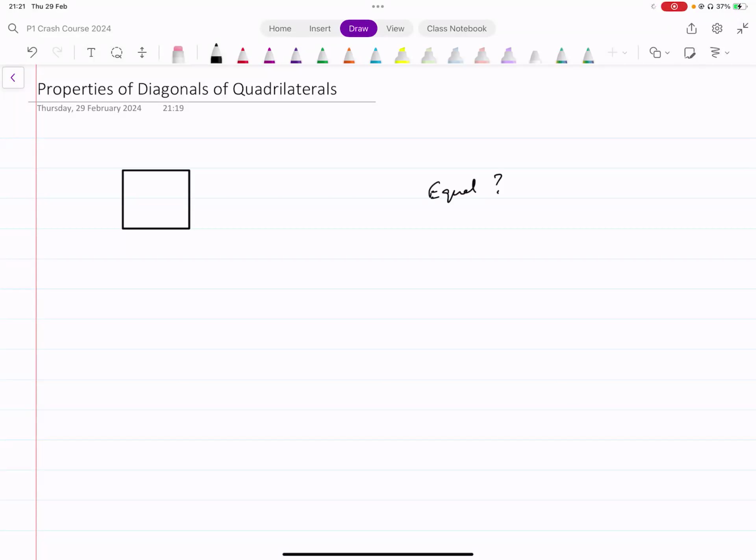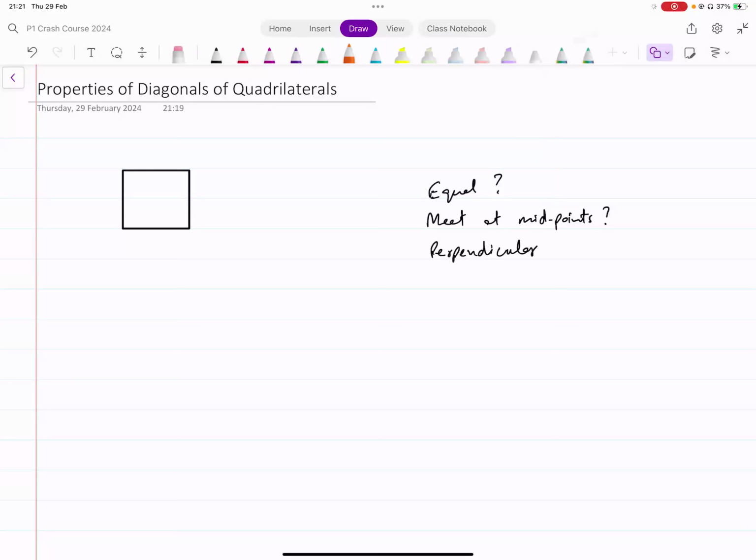Do the diagonals meet at midpoints? And are the diagonals perpendicular? These are the three questions that we're going to be asking ourselves. Let's start with the square first of all.